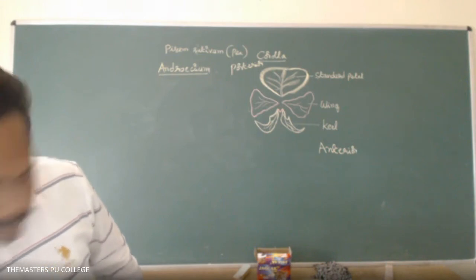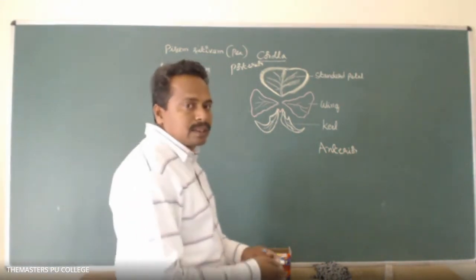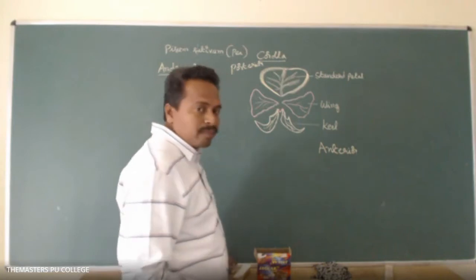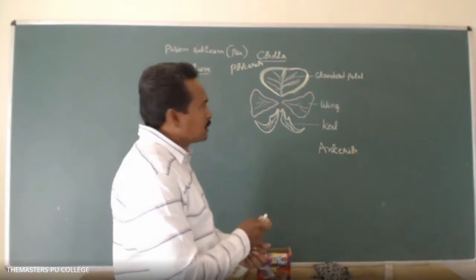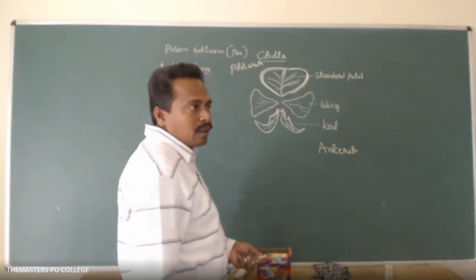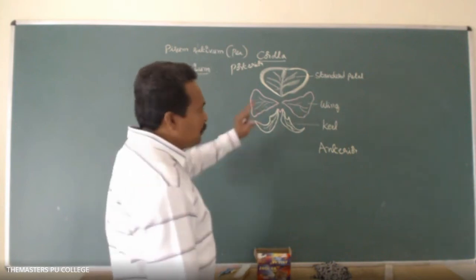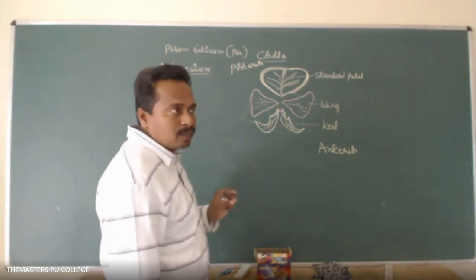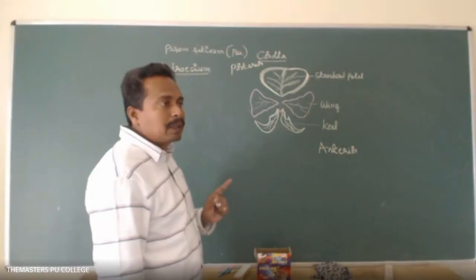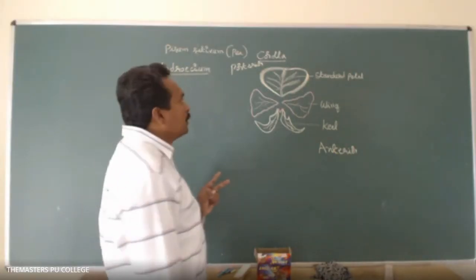Which petals are fused in corolla? Keel petals. What is the name of that corolla? How does it appear? That corolla appears like a butterfly shape. Papilionaceous corolla. Right.